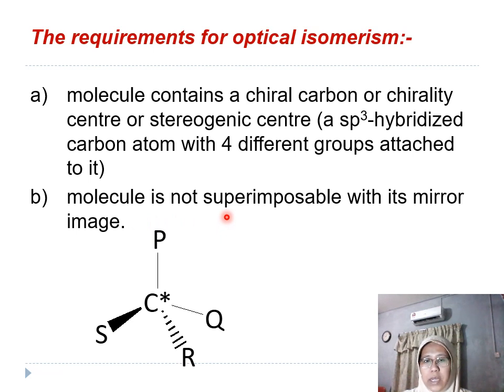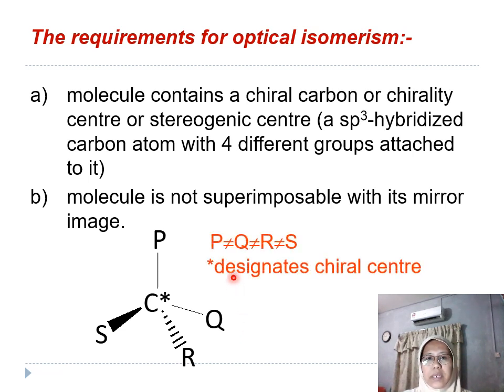You cannot superimpose it with its mirror image. So we have to look at the mirror image after this to prove that it is not superimposable. Now, this is the star that we put at the carbon to label that it is a chiral center, and all the groups or atoms attached to the carbon must not be the same.